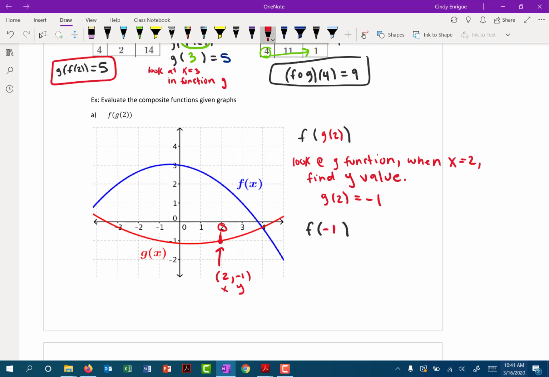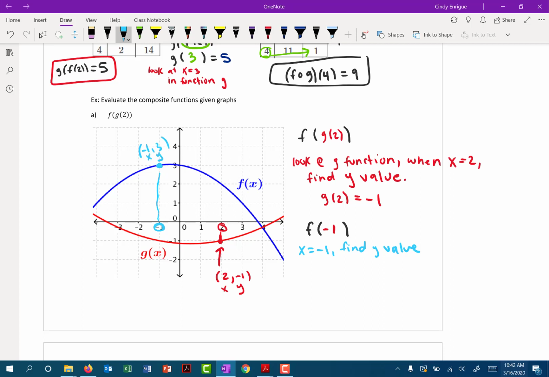So, okay, here we go. Well, now this is telling me that I want to find when x is equal to negative 1, find my y value. So, okay, so here's my x, here's negative 1, and that blue function, if I go up, oh, it's right here. So that's negative 1 comma 3.